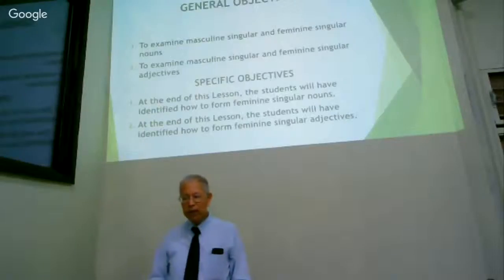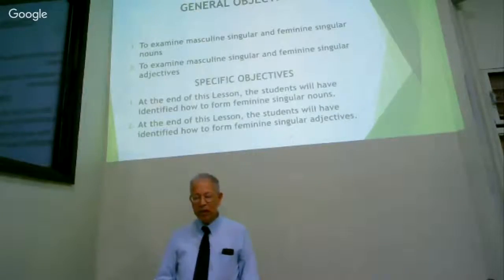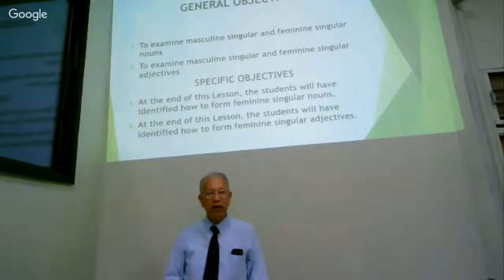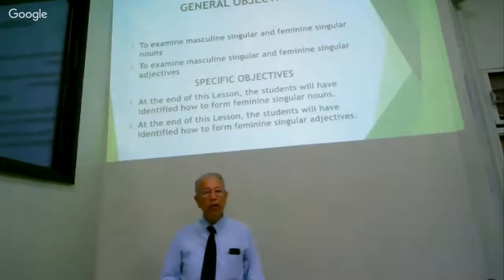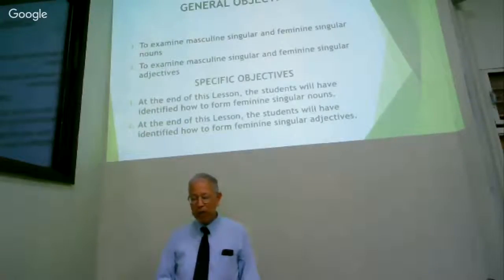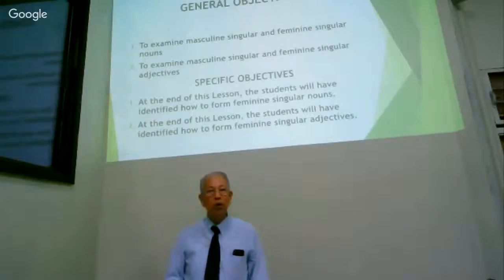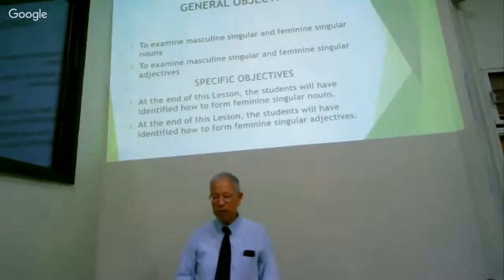Specific objectives: number 1, at the end of this lesson, the students will have identified how to form feminine singular nouns. 2, at the end of this lesson, the students will have identified how to form feminine singular adjectives. This is all the review is about.